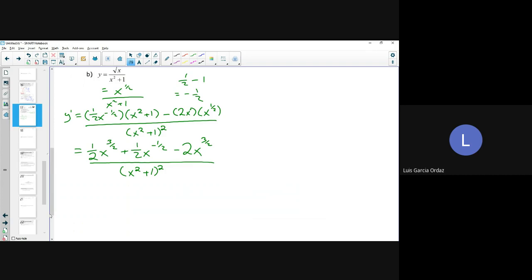So now we collect the like terms, so we can simplify this even more. My only like terms here are 1/2 x to the power of 3 over 2 and negative 2x to the power of 3 over 2. So if I were to simplify that, what is 1/2 minus 2? What does that give us?